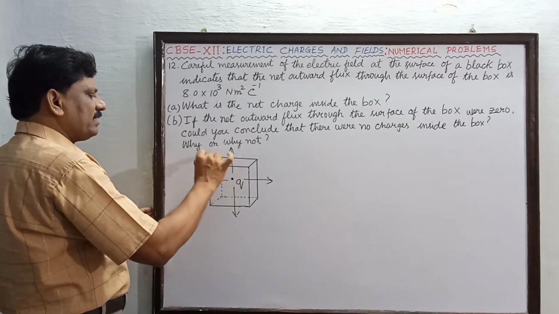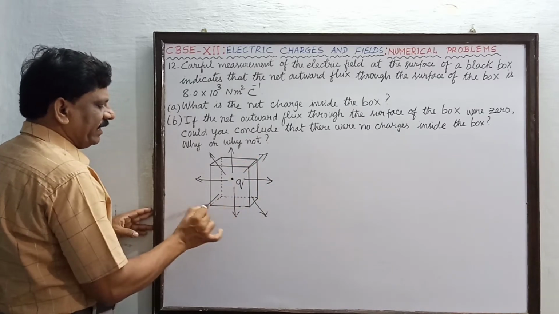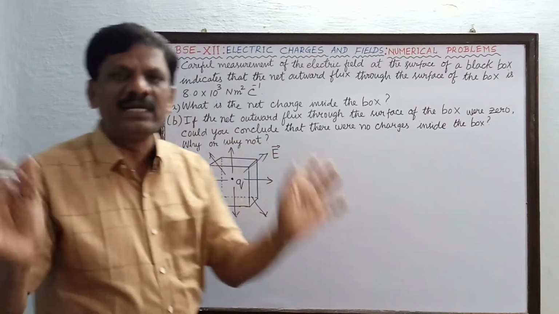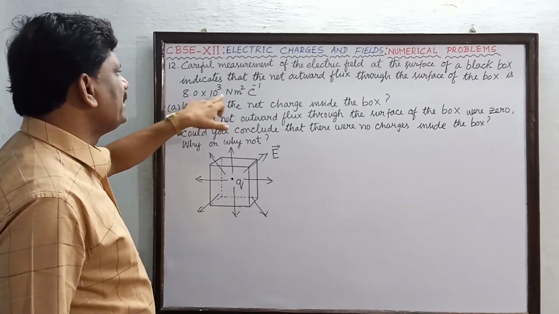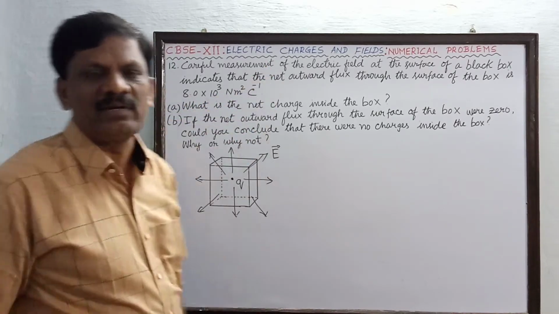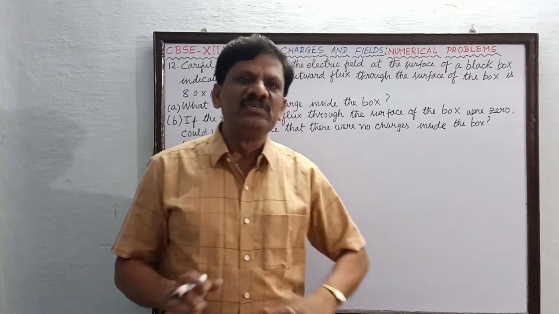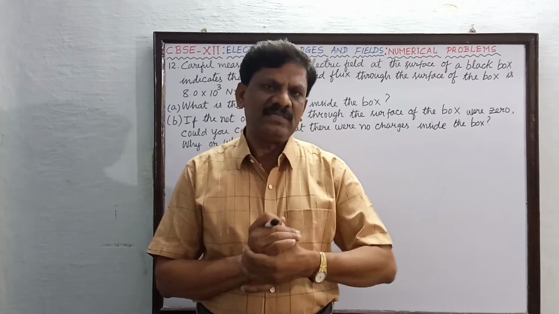So through all the 6 faces, the electric lines of force are pointed outwards, and the flux is given as 8 into 10 power 3 Newton meter square per coulomb. It is positive. So only for a positive charge, the electric lines of force will be pointed outwards.